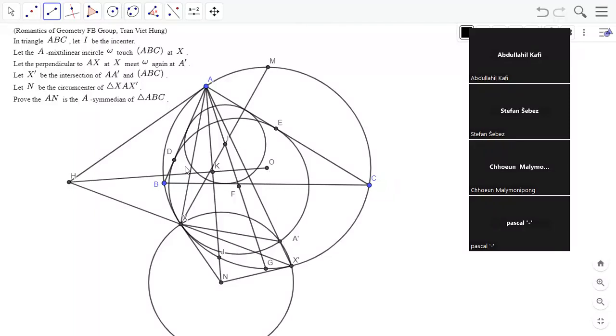We know that OH is the radical axis of the point circle A and this circle, because O has the same power with respect to both, because OA squared equals OX prime squared. And we could say the same with H, because HA squared is like HX times HX prime.